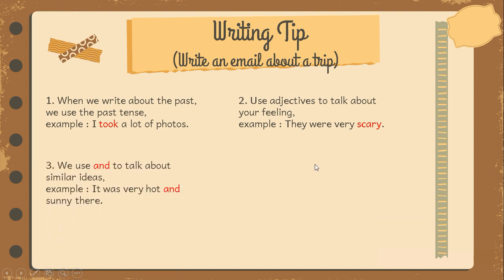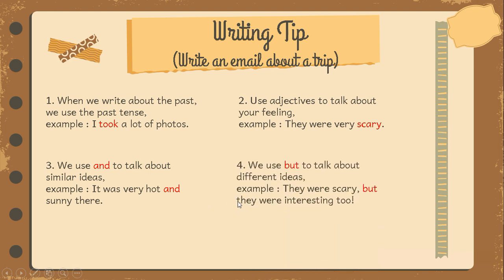Number 3, we use "and" to talk about similar ideas. For example, it was very hot and sunny there. So the words hot and sunny are similar ideas. We use "and" to join them together in a sentence. And finally, number 4, we use "but" to talk about different ideas.